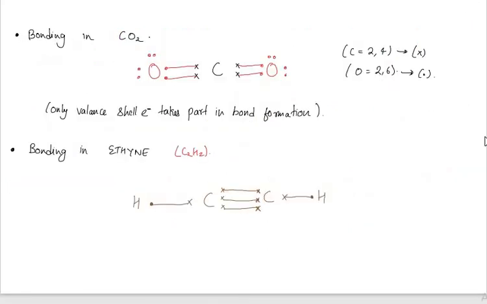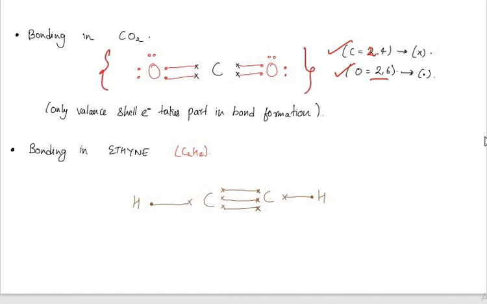Now take the example of bonding in carbon dioxide, CO2. As you all know, the atomic number of carbon is 6 and the atomic number of oxygen is 8. So the electronic configuration of carbon is 2,4 and of oxygen is 2,6, and the electrons of carbon are represented by crosses and the electrons of oxygen by dots in this electron dot structure.